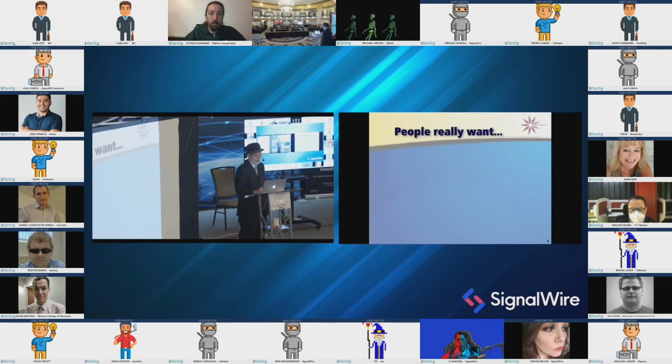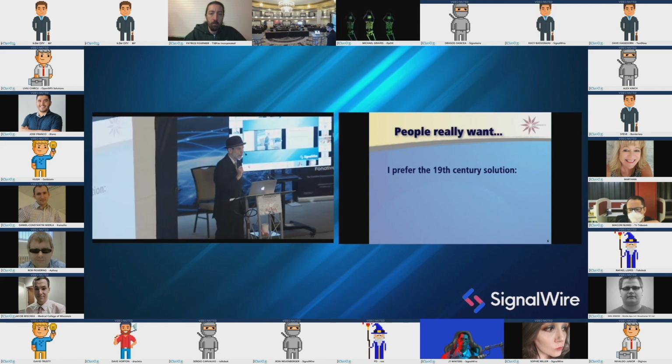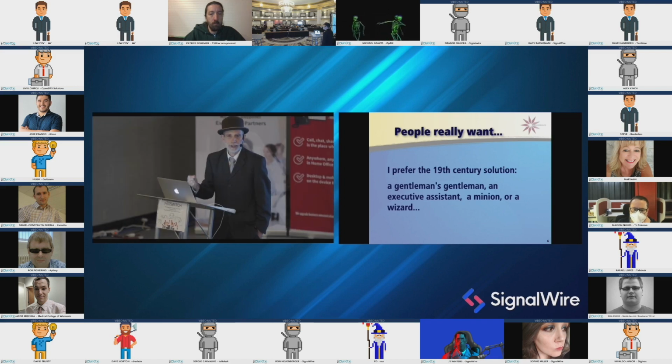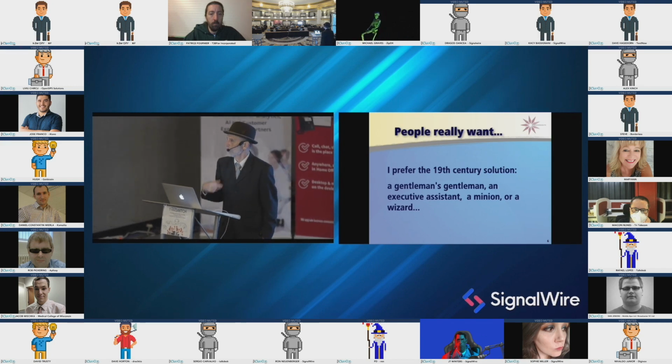I personally prefer the 19th century solution, which Sherelle talked about. Namely, when I want to do something like this, what I want is a gentleman's gentleman, an executive assistant, a minion, or a wizard. I don't actually want to do any of this work.